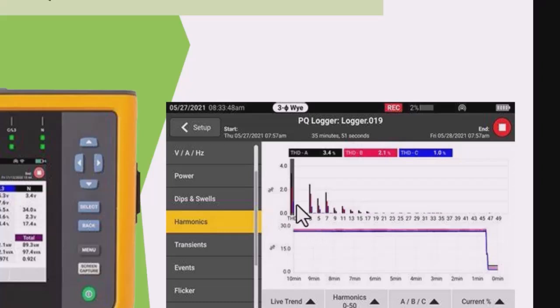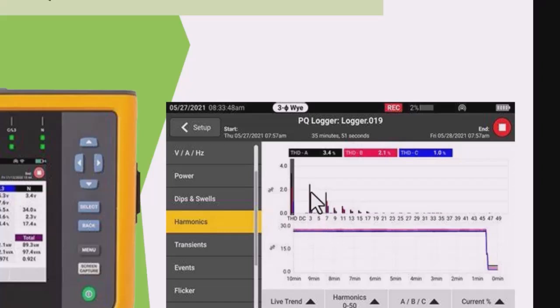You see that it has separated all those waveforms that are causing the distortion into their various frequencies of occurrence. As you can see here, we have the fundamental frequency, which is 1 times the frequency. Then at 2 times, there is no occurrence here. Then we have the 3 times, the 5 times, the 7 times.